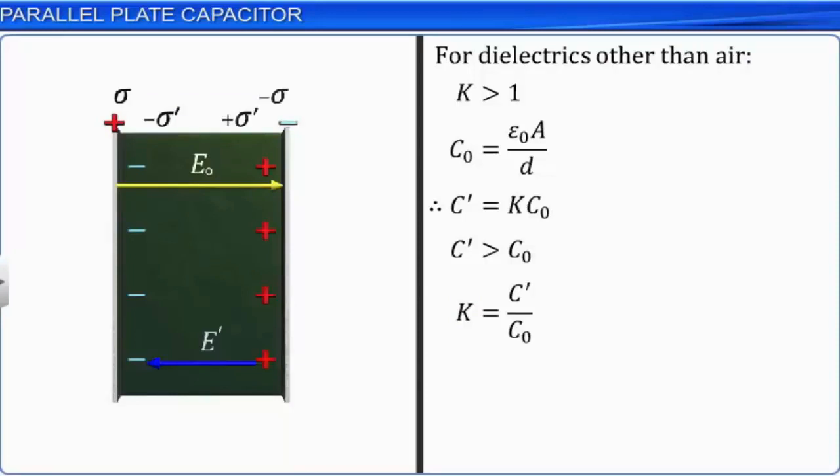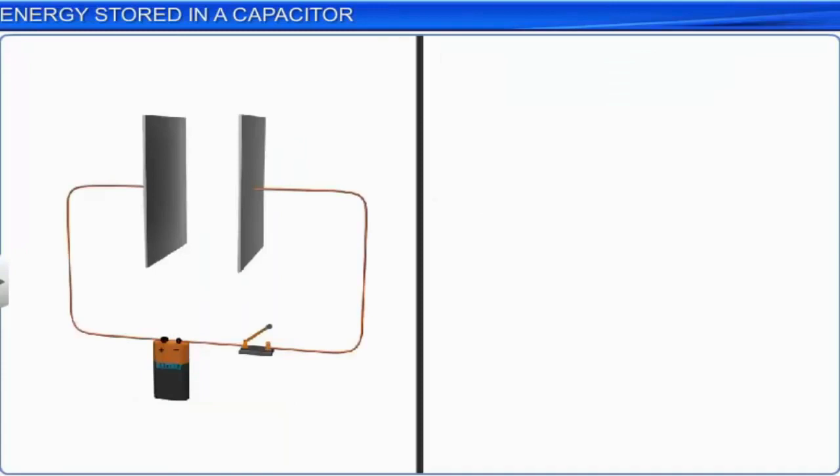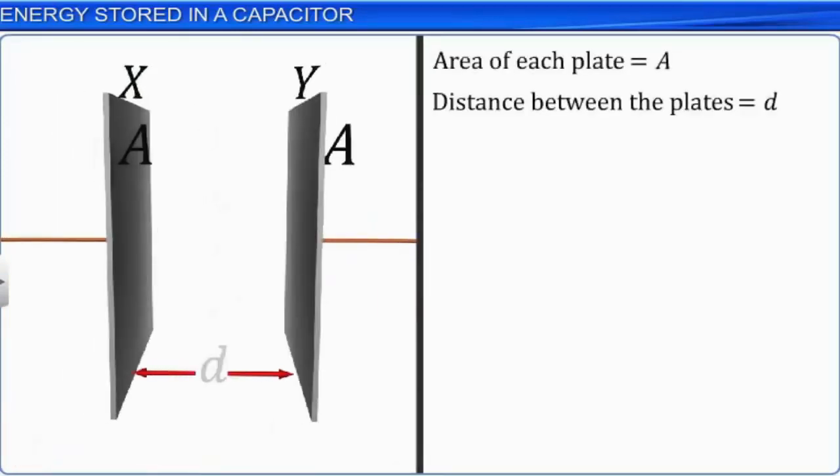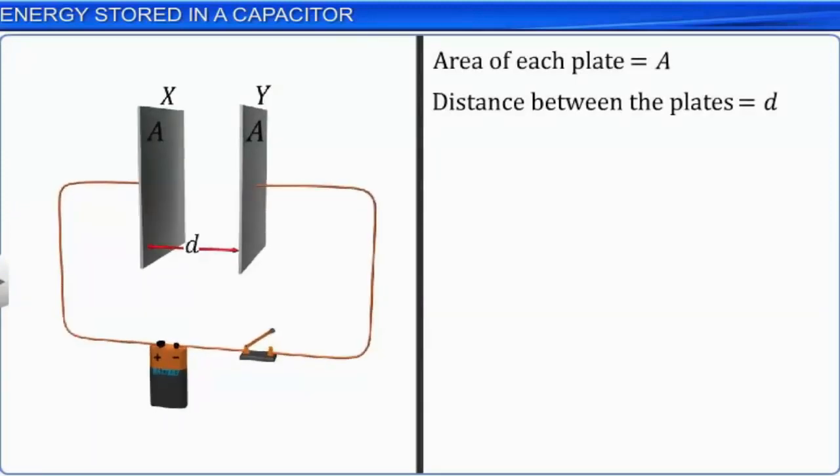To obtain an expression for the energy stored in a capacitor, let us consider a parallel plate capacitor having metal plates X and Y, each of area A and separated by a distance D. When the plates X and Y of the capacitor are connected to a battery, one of the plates is given an excess charge plus Q and the other is given a charge minus Q. The plates X and Y are connected to the positive and the negative terminals of the battery, respectively.